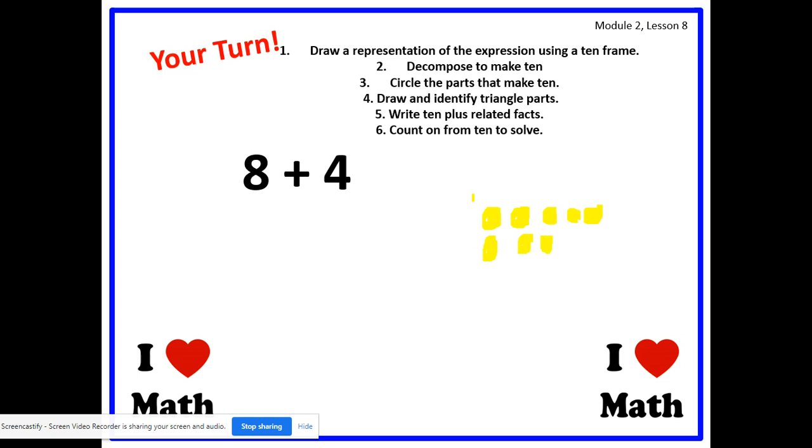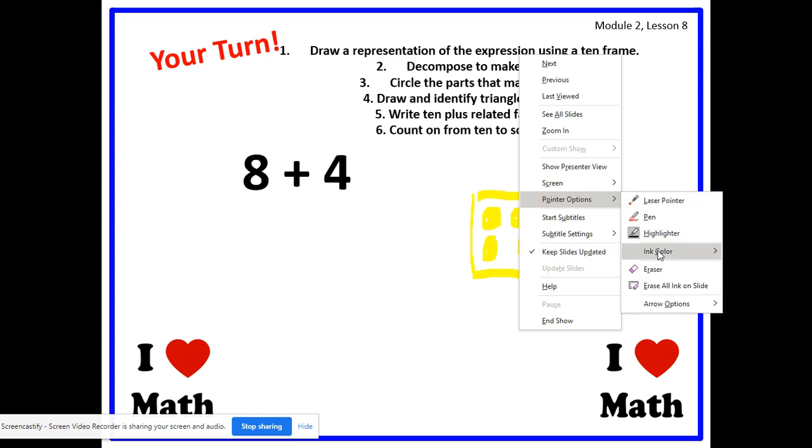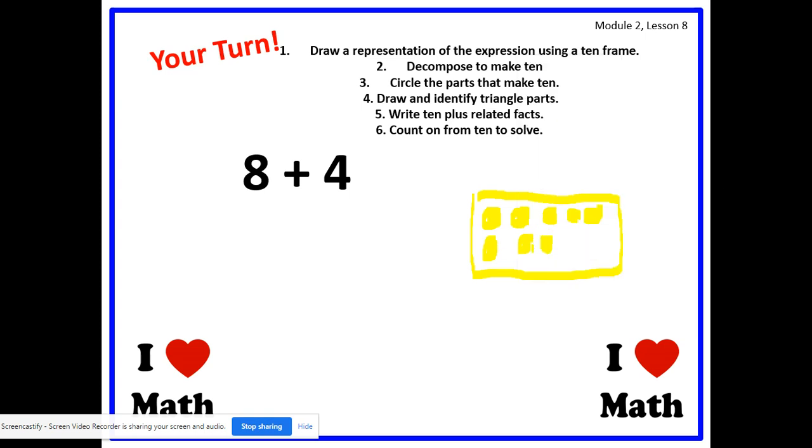And if this is our 10 frame, we know that how many things fit in our 10 frame? Get ready. 10, right? Because it's called a 10 frame. So we have space for 2 more. For my other part, I am going to use X's so we won't get confused.